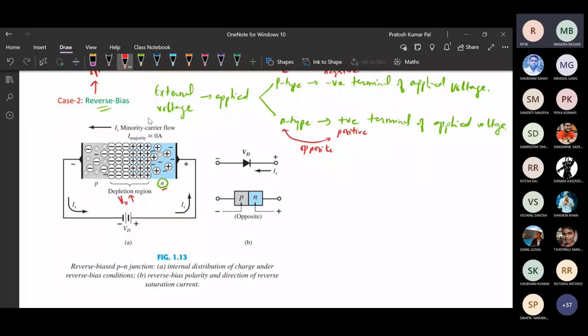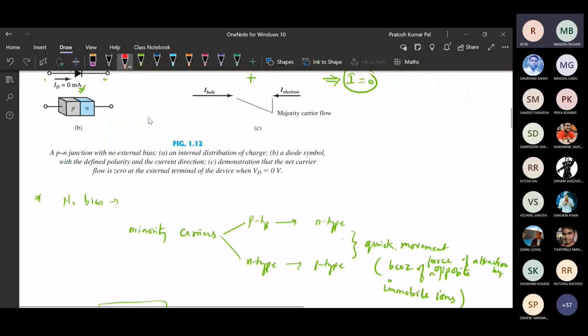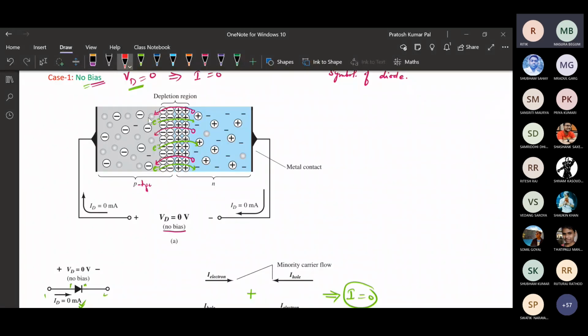In the previous case also, as we had not applied any voltage, there were electrons here in the n-type region, but these electrons were not able to cross this barrier because they did not have sufficient energy to cross the barrier voltage.